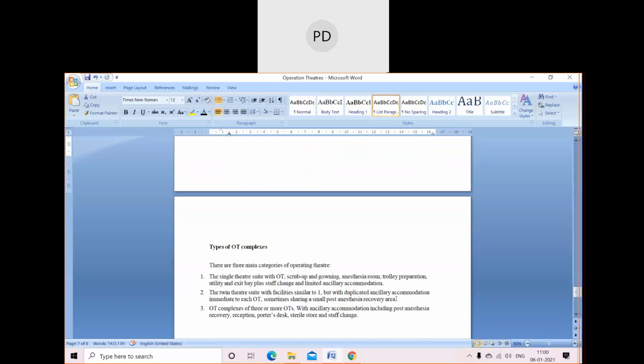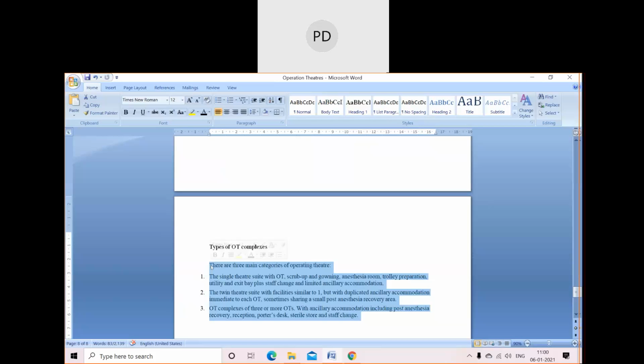Okay, now we will also see how many types there are of OT. There will be three types. One is the single theater, where only one theater will be available. In the second there will be a twin theater, for example, one minor OT and another major OT, so two in the same suite.